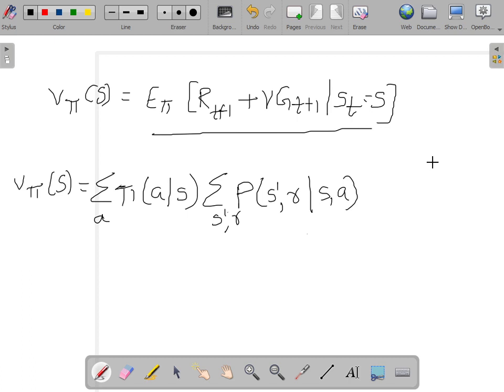And in this part we have to take the rest of the part.